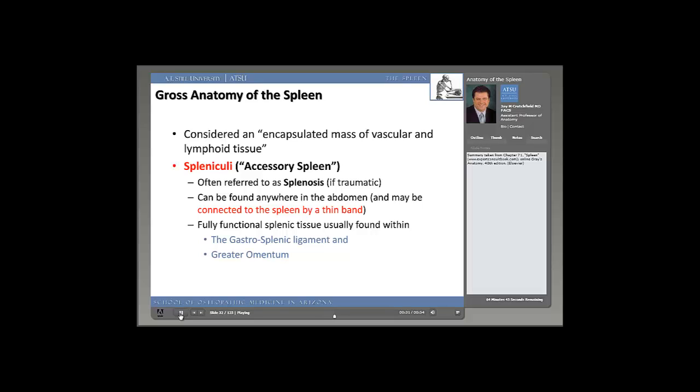However, if someone has trauma to the spleen and small pieces of spleen break off and go into the circulation, splenosis can develop. I'll show you pictures of this in a minute. Fully functional splenic tissue is usually found within the gastrosplenic ligament and the greater omentum. From embryology, this will make sense.